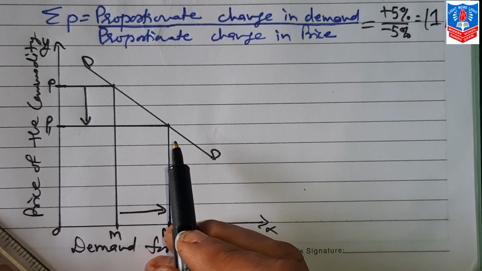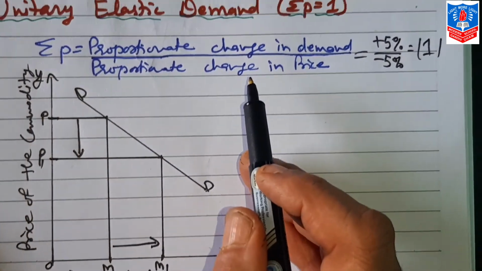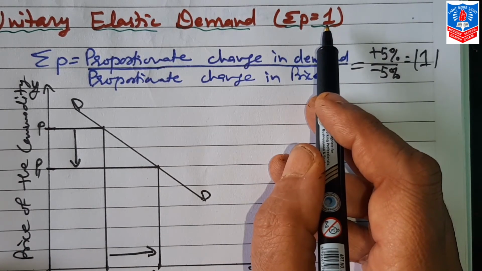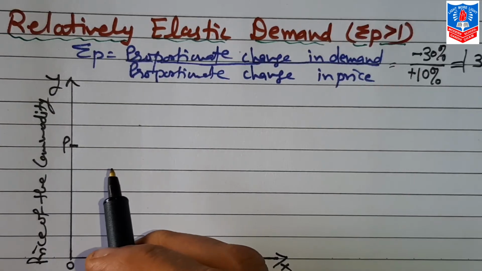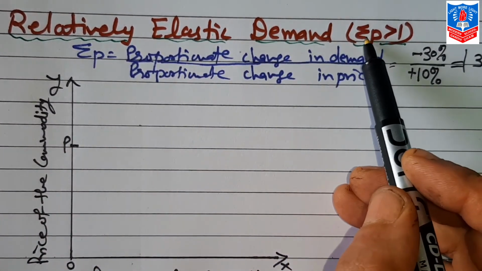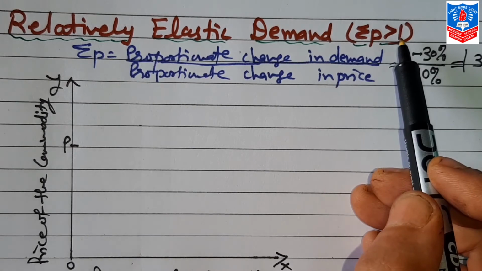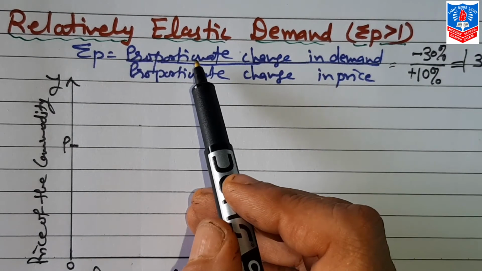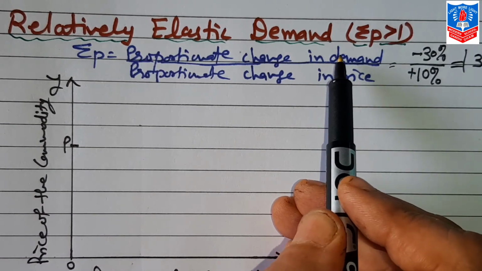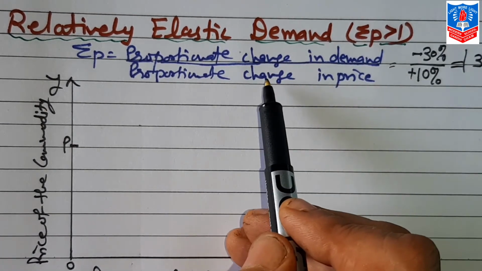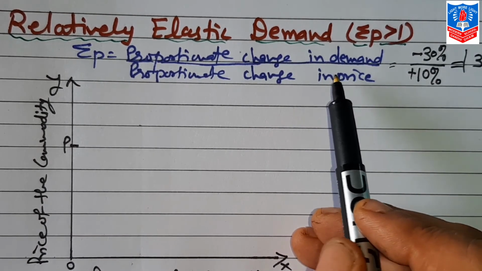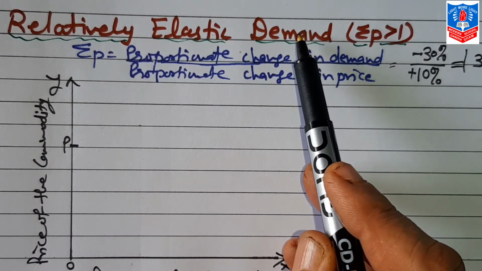So always remember, for unitary elastic demand, we get price elasticity that is always 1. Fourth type, that is relatively elastic demand, where price elasticity is greater than 1. When the percentage change in demand is proportionately more than the percentage change in price, then such type of demand is called relatively elastic demand.